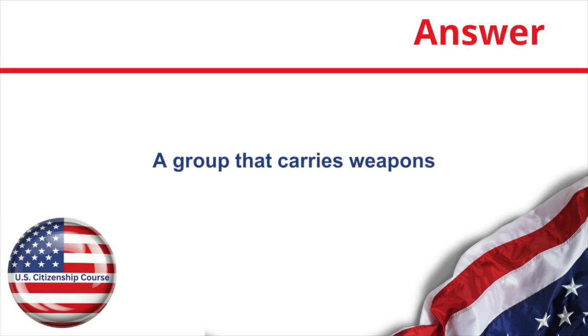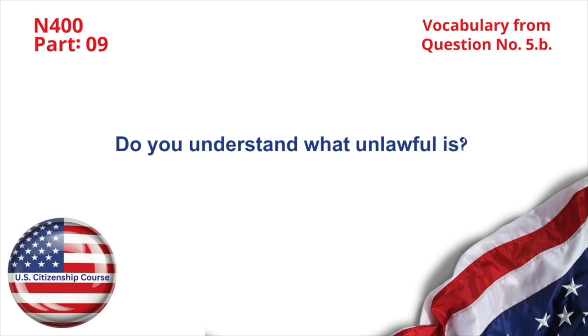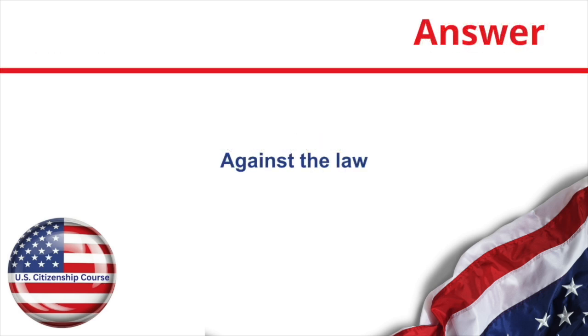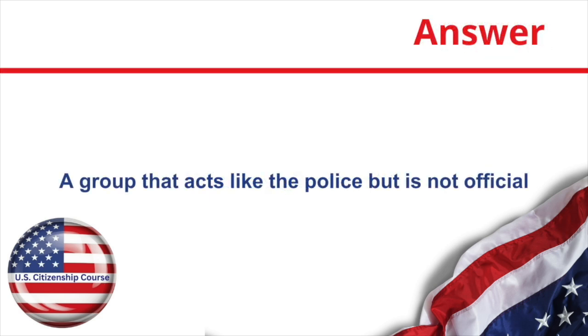A group that carries weapons. Do you understand what unlawful is? Against the law. What is vigilante unit? A group that acts like the police, but is not official.